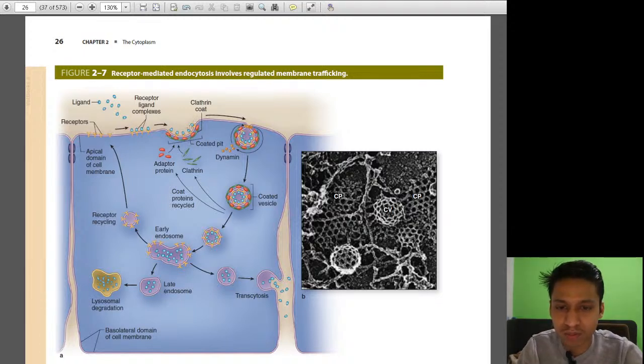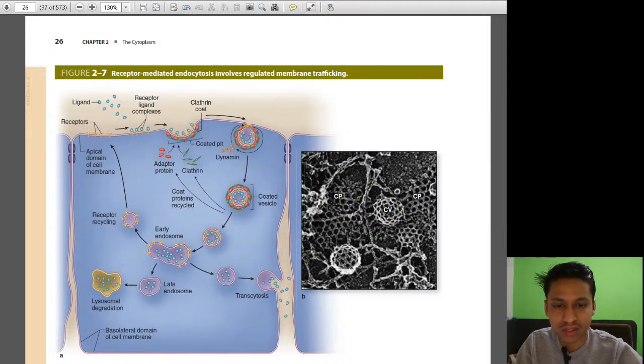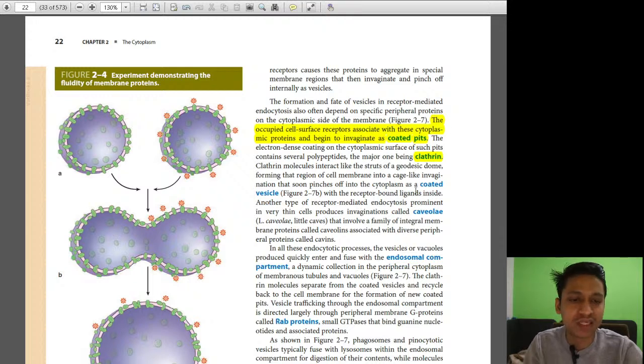This pit which has a clathrin coat is called a coated pit, and we have ligands, or you can also call them protein hormones, that get attached here and are then enclosed into this type of vesicle structure. Any vesicle that is coated on the outside with a clathrin coat is called a coated vesicle. Let's read what happens to this coated vesicle with the receptor bound ligands inside.